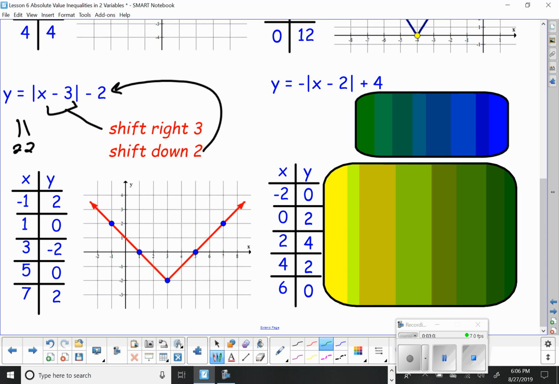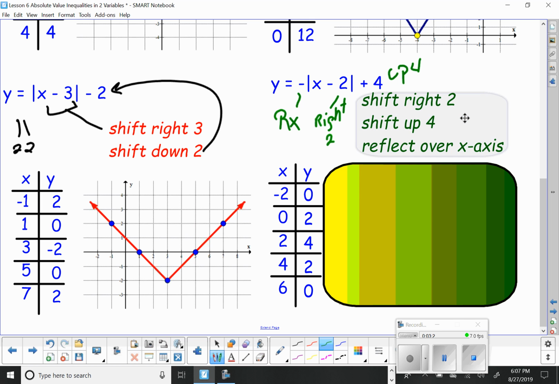This next one over here, I'm going to reflect over the x-axis. I'm going to go to the right 2, and here is up 4. Remember, on the inside affects left, right. On the outside is your up and down. So first thing you're going to do is move your vertex to the right 2, go up 4.